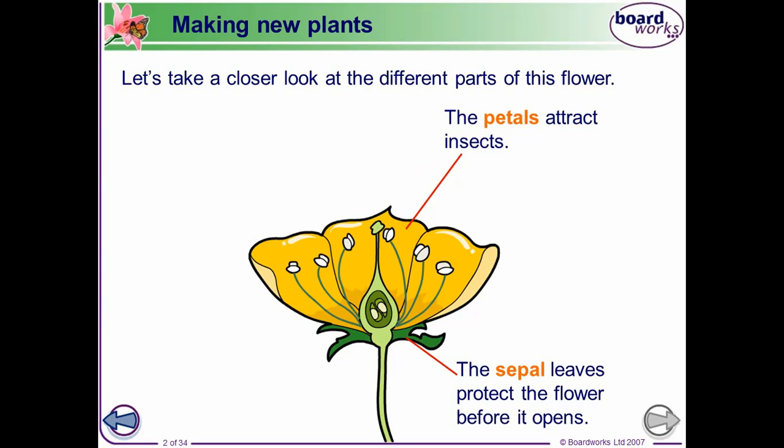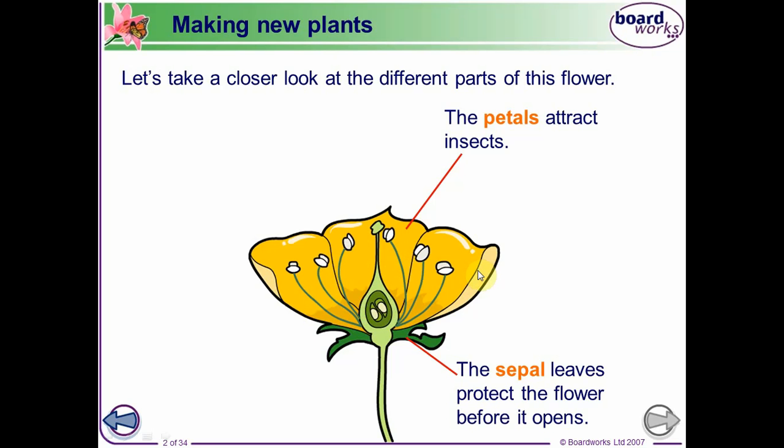Reproductive organs of the flower. In the flower, we have male and female. This is the male part, and this is also a male part, and these are also male parts.